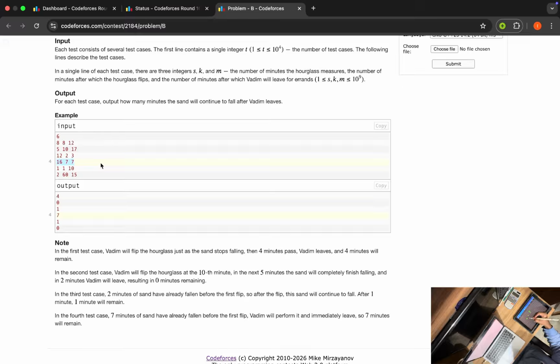For 16, if they flip, it will remain 17 minus 6, that's 11 minutes at the first step. In the second step, it will actually remain 11 minutes, 6 minutes, and those 6 minutes will fall again.